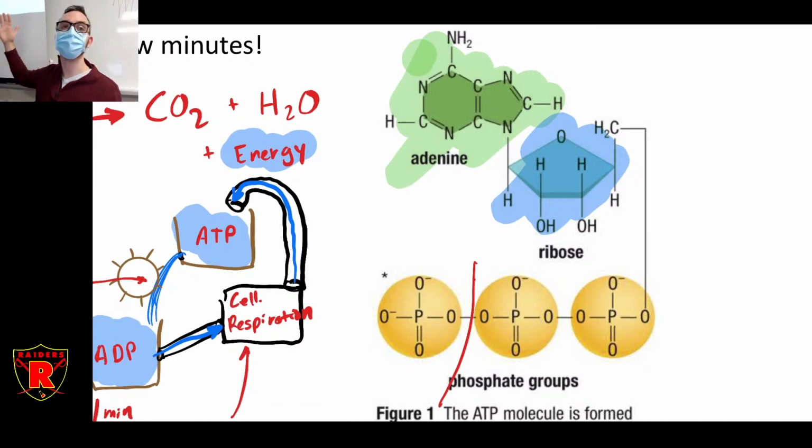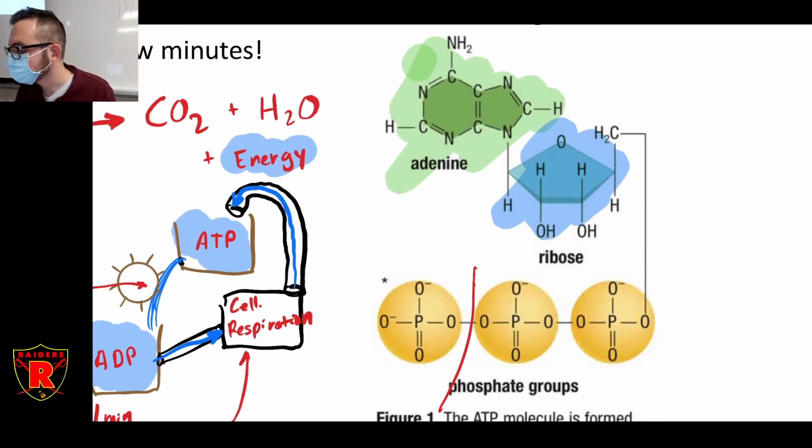Now this is ribose, not deoxyribose. Deoxyribose is what's in DNA. Ribose is what's in RNA. So that's the difference between RNA and DNA: one has deoxyribose and one has ribose. They basically look exactly the same, just one of those groups around the outside of the ring is slightly different in deoxyribose. It's missing an oxygen. That's the only difference.